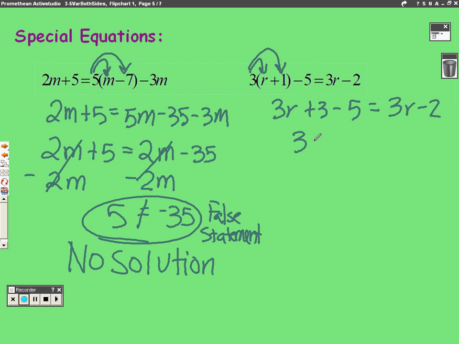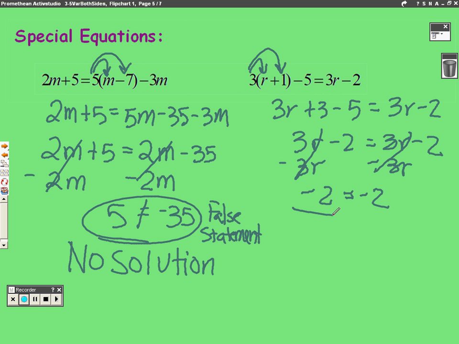Okay, 3r minus 2 equals 3r minus 2. Okay, so keep going. And these guys cancel each other out, and I end up with negative 2 equals negative 2. Does negative 2 equal negative 2?